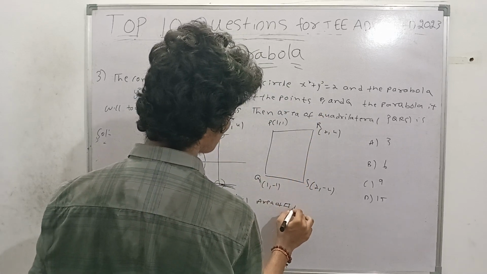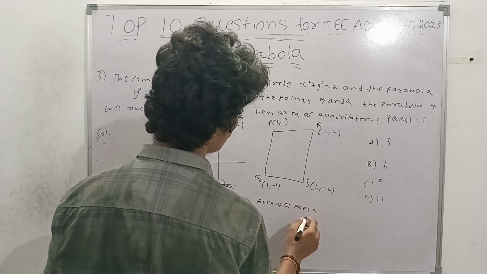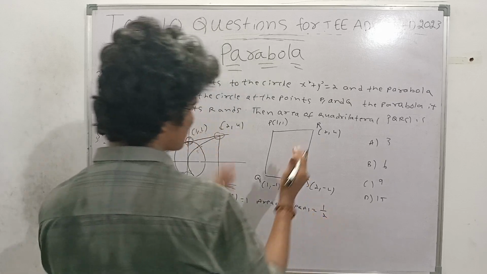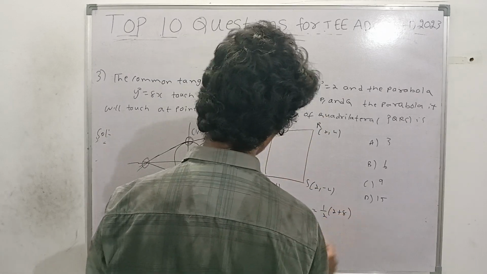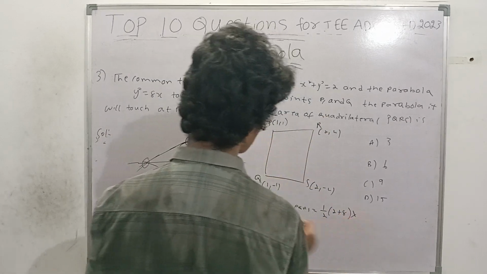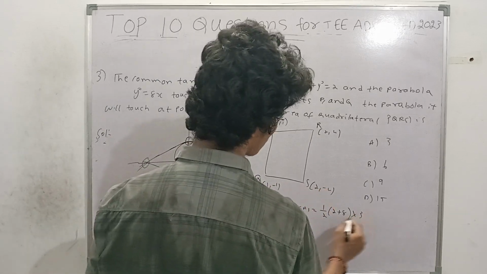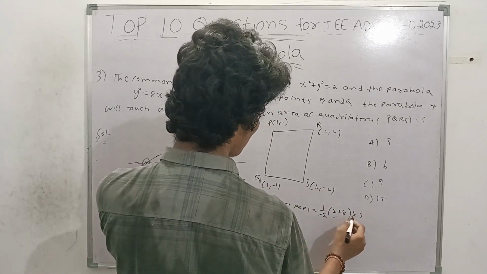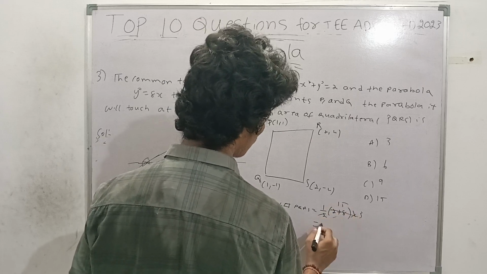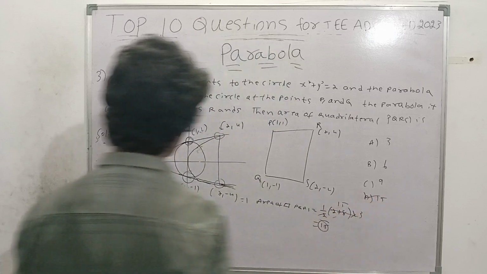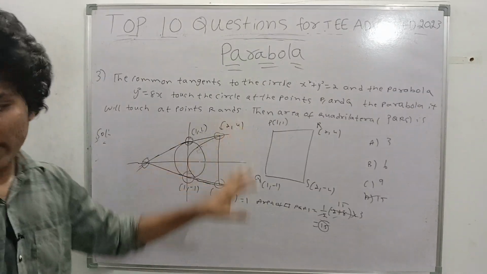Area of trapezium PQRS equal to half into the sum of the parallel sides. The sum of sides is 2 plus 8, and the distance between these two is 3. So half into 10 into 3 is 30 by 2, which is 15. So the area is 15. These points you have to observe very carefully here.